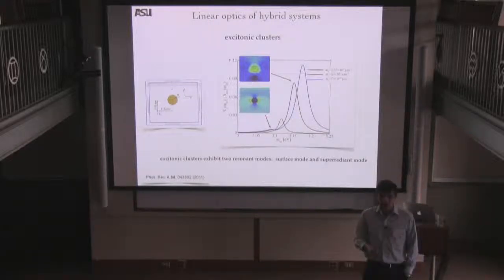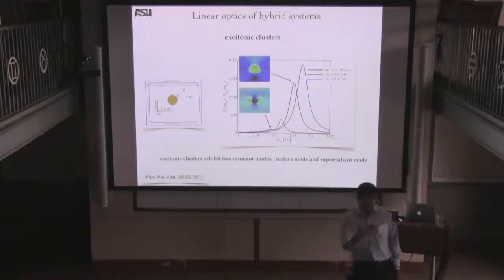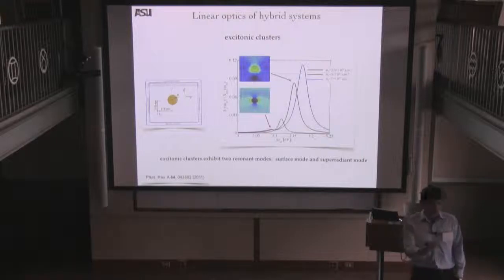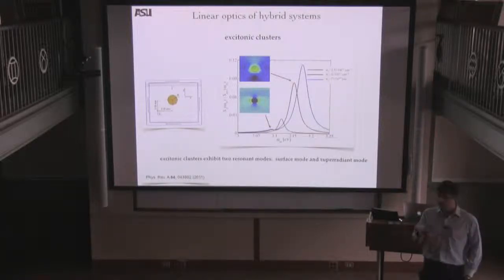Well, I beg to differ, because this is classical electrodynamics. We don't have photons per se, so I would really be hesitant to say that this is a superradiant mode. But it's certainly a collective effect because the intensity scales as the square of the density. We can have a long conversation over coffee and try to discuss whether this is a superradiant mode or not, but I don't think it is, because we solve Maxwell's equations classically.